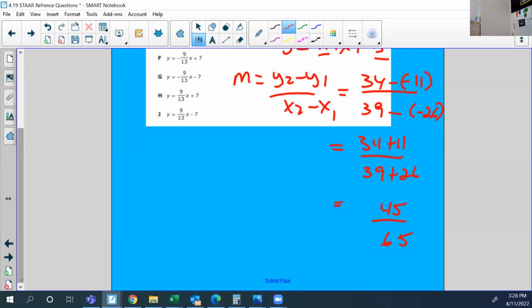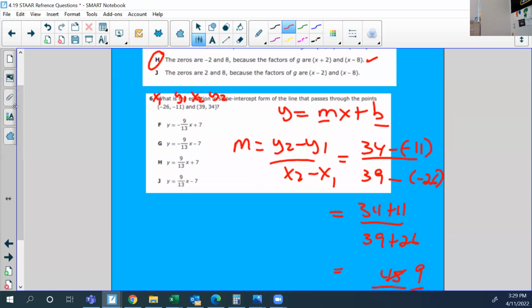And so if I reduce this now, 5 into 45 goes 9, and 5 into 65 goes 13. So my slope now is 9 over 13.